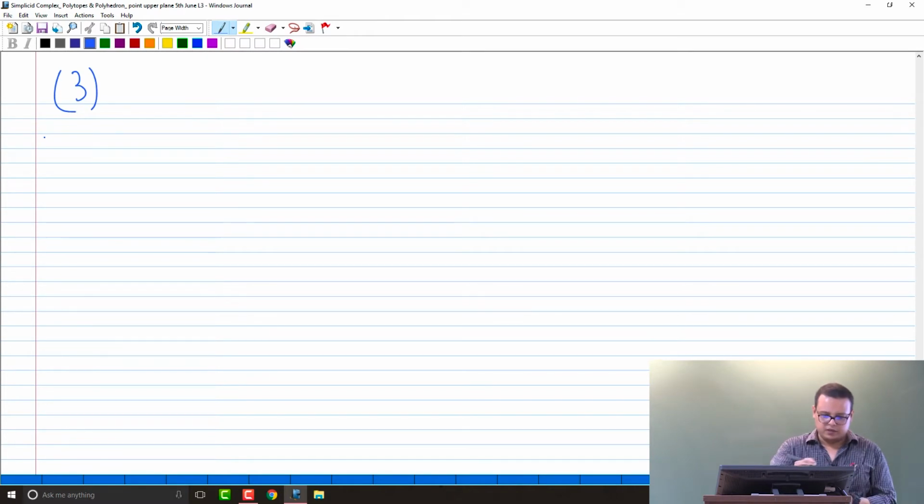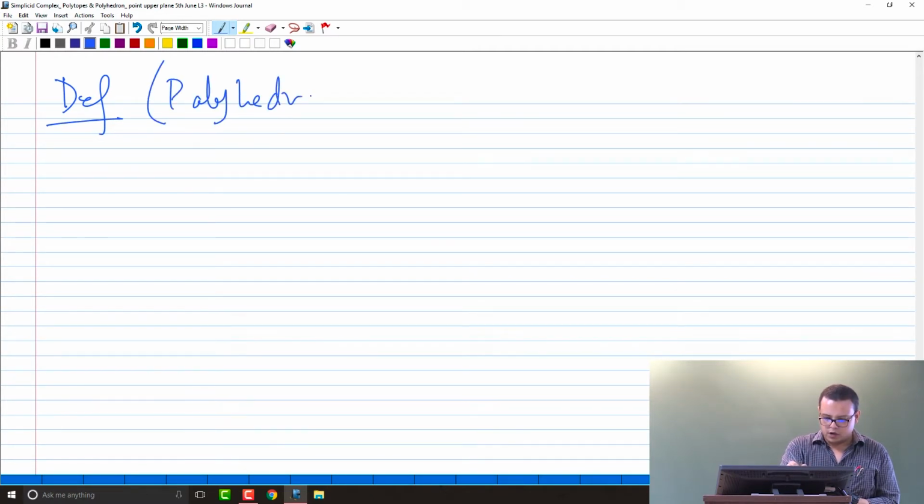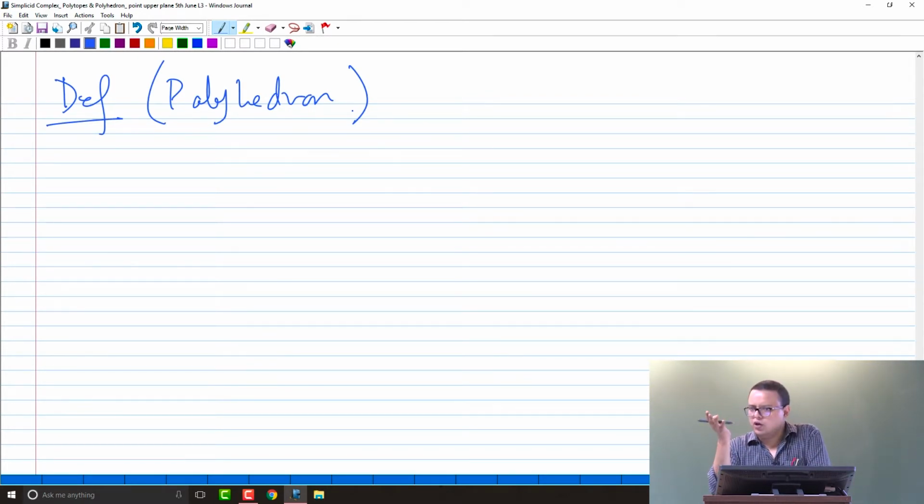Okay, so now we need a similar object which is called a polyhedron. How was a polytope defined? A polytope was the convex hull of a finite set of points. A polyhedron is kind of like a dual to it. You define it as an intersection of a finite number of half planes.